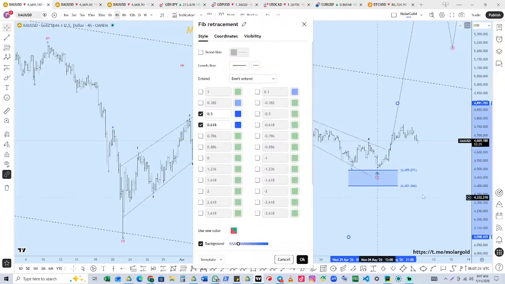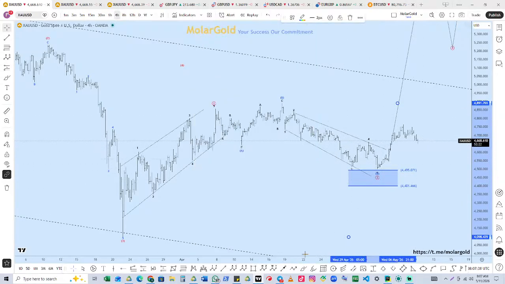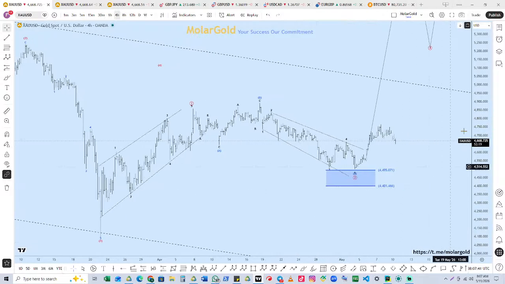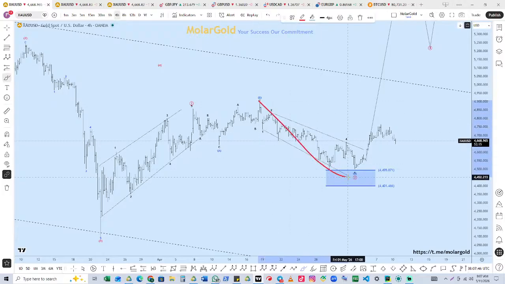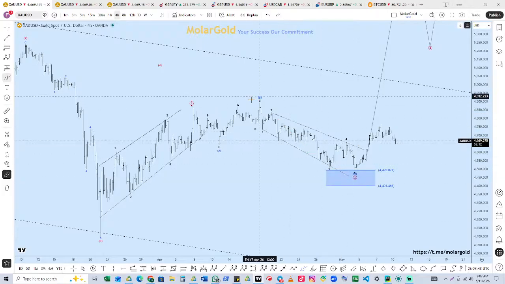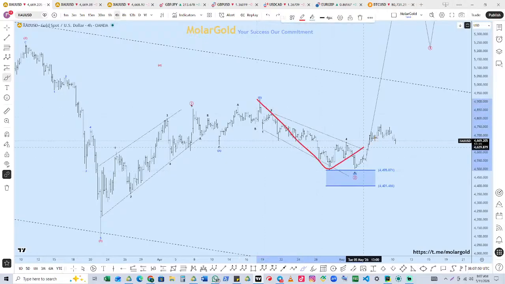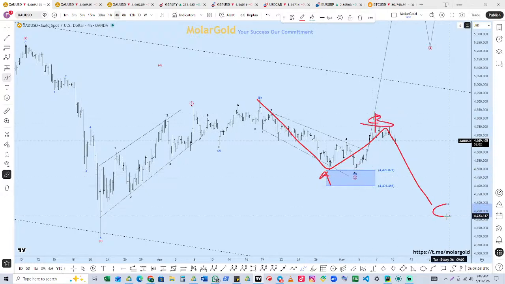So because of that, it's likely, not certain, likely that we may have this be A, this be B, and this be C, bigger degree like this. Then all of these just becomes the leading diagonal.